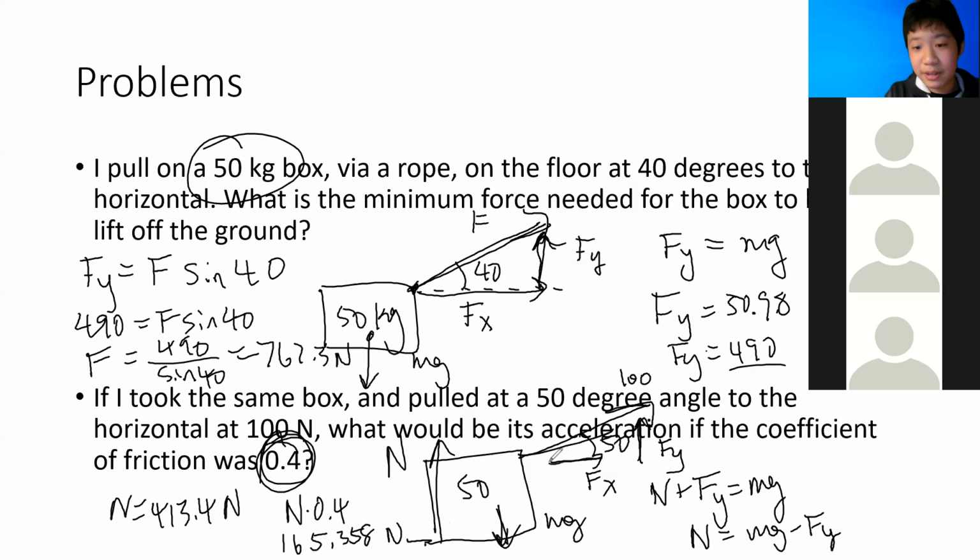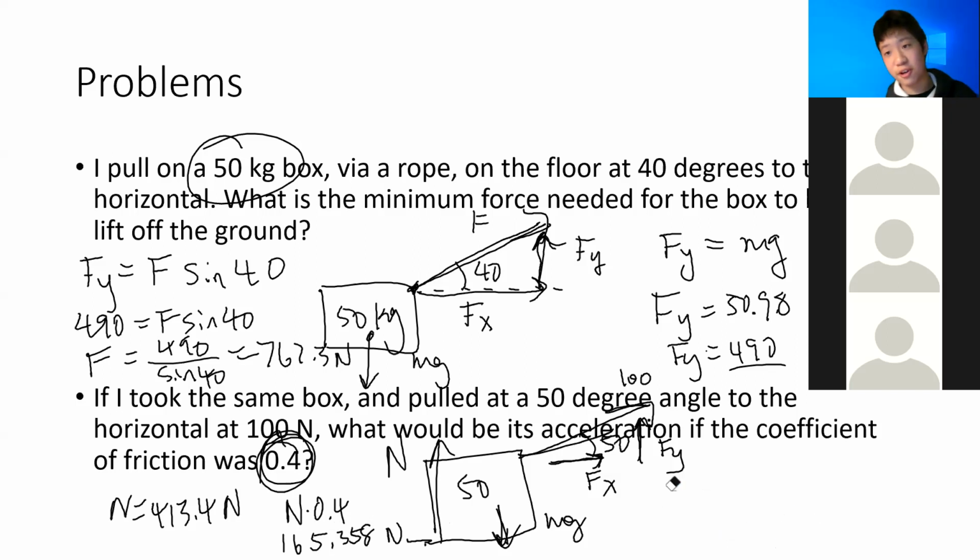Now I'm going to take the forces in the x direction. My x component of force is trying to overcome the static frictional force. That's just cosine 50 times 100, which is 64.27.